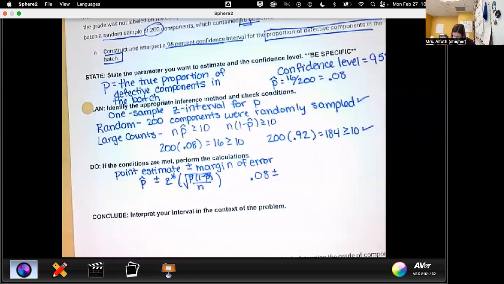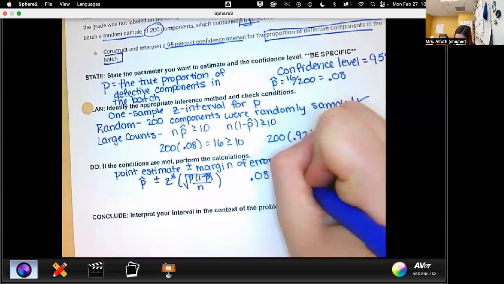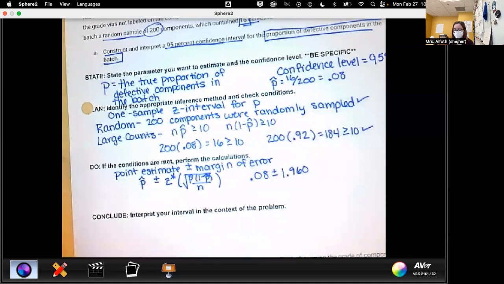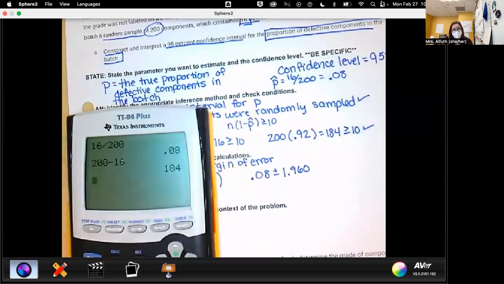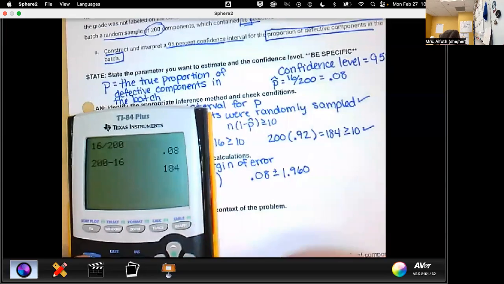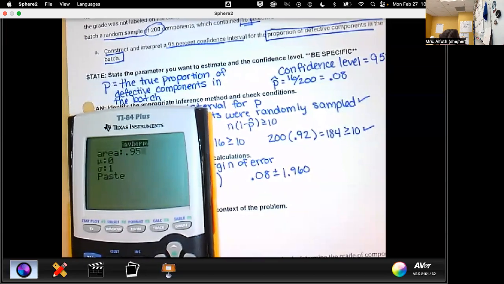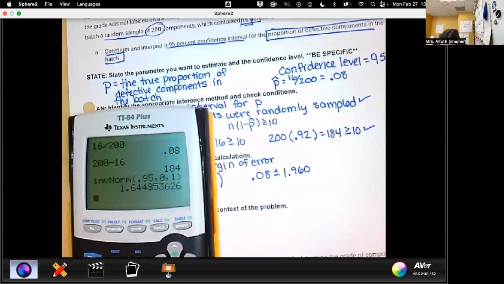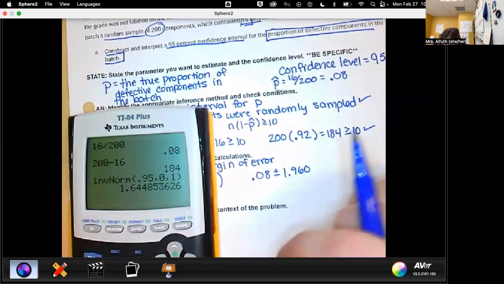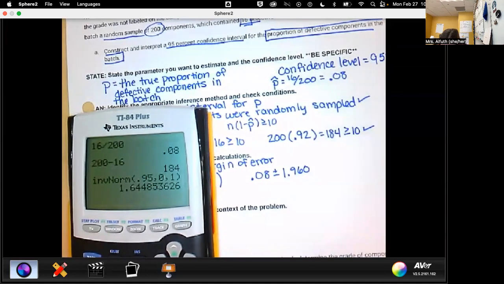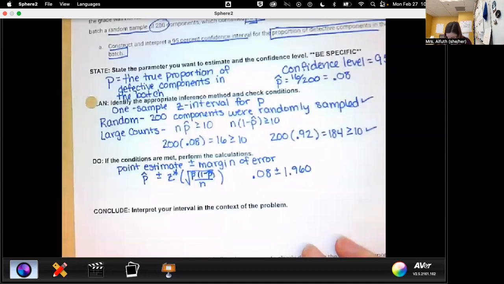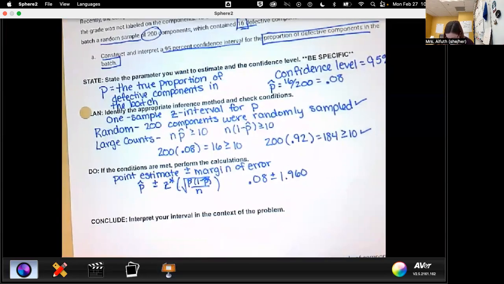Excuse me. That was 1.960. Remember, if you forget, you can use your inverse norm. That was not right. Just the tail percentage, that's why.